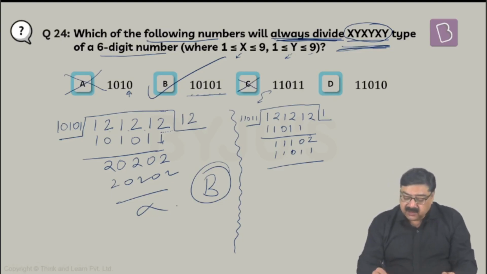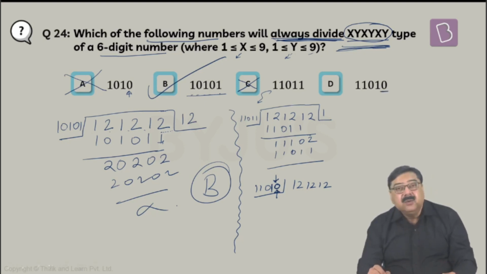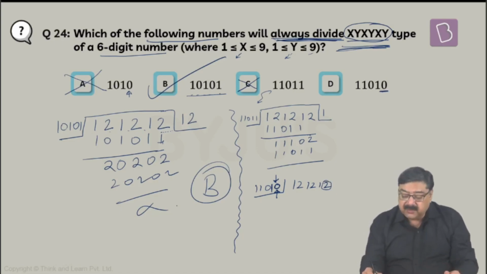Let's take the case of choice D, 121212, and divide this by 11010. Why should we divide this by this number? Not required, because again this is ending in a 0. So obviously this number has digit 2 in the units place, whereas you're dividing by a number which ends in 0. So its multiples must end in 0 as well. So hence choice D also cannot be the answer.